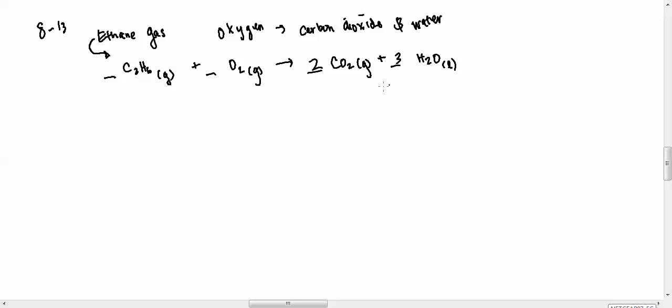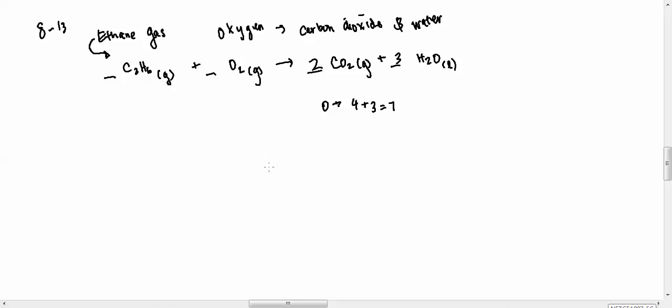Now the problem here is on the left side we only have 2 oxygens, and on the right side, how many oxygens? We have 4 from here, and another 3 from here, so that's 7 altogether. On the right side there are 7 oxygens, on the left side there are 2 oxygens.